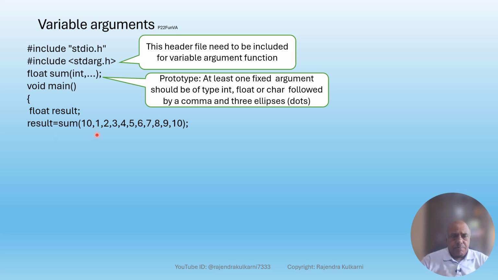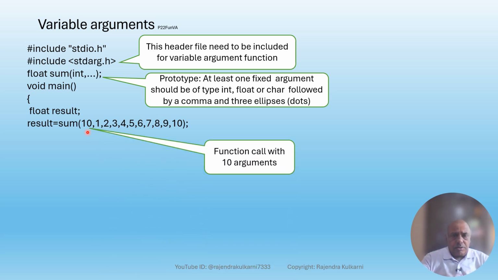In this call I am passing 10 arguments, and that is why this 10 tells the compiler that when the function is called in this fashion, 10 data will be passed to the function from the call. Then I have used printf, which shows us the result of this function when it is returned and collected by result.